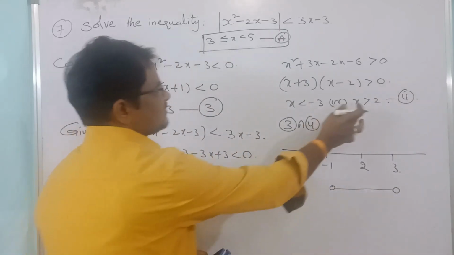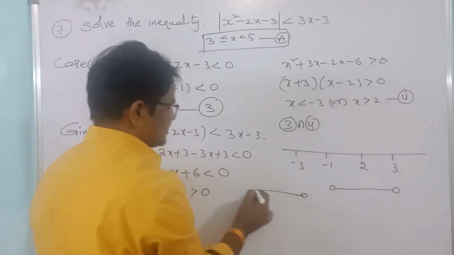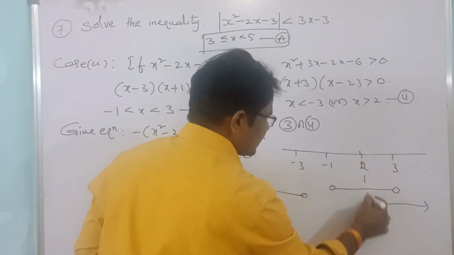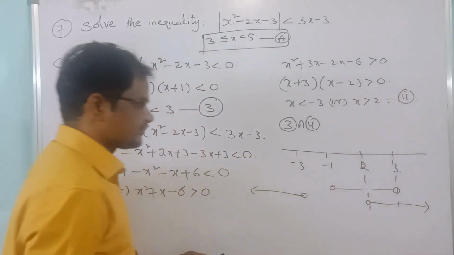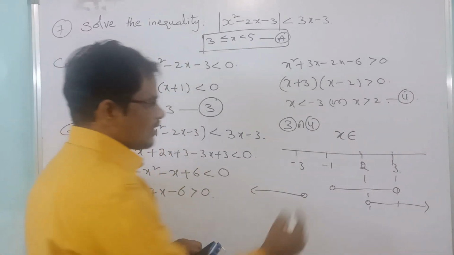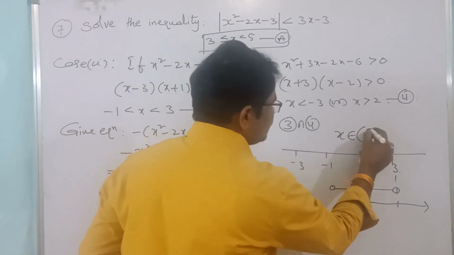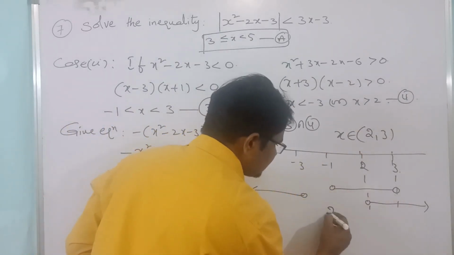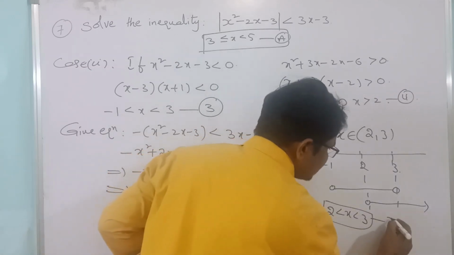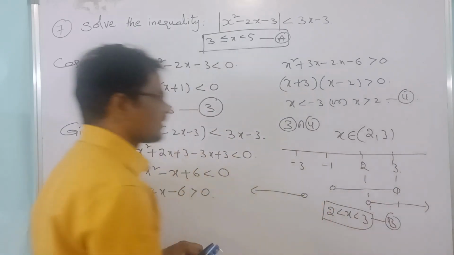And this fourth equation is less than minus 3 this side and greater than 2 that side. What is the common area? The common values are this one. Here x belongs to the open interval 2 to 3, that is 2 less than x less than 3. Take this as equation number B.